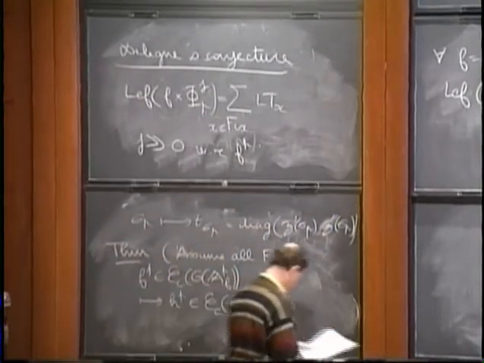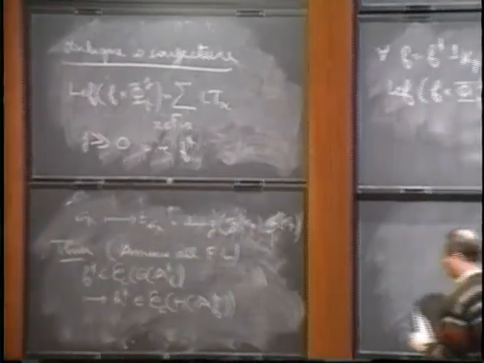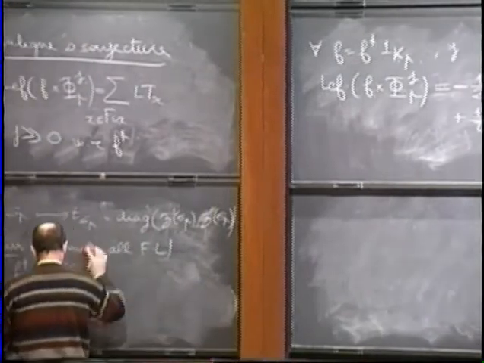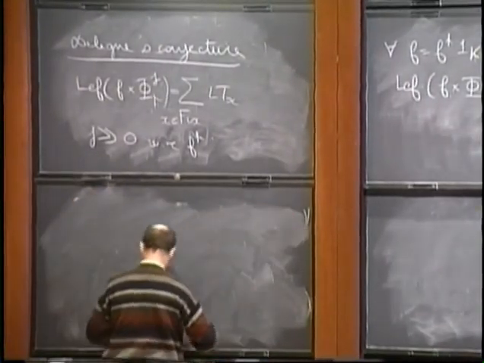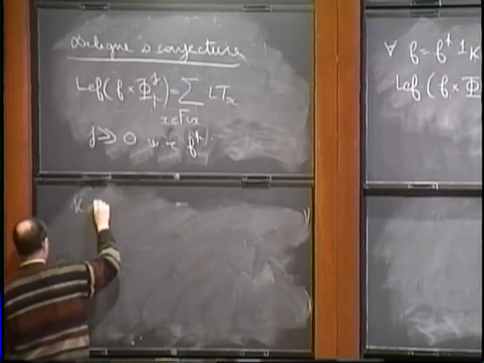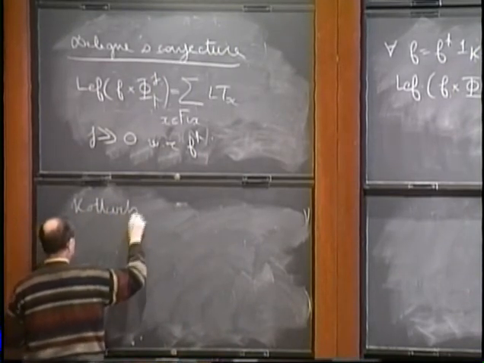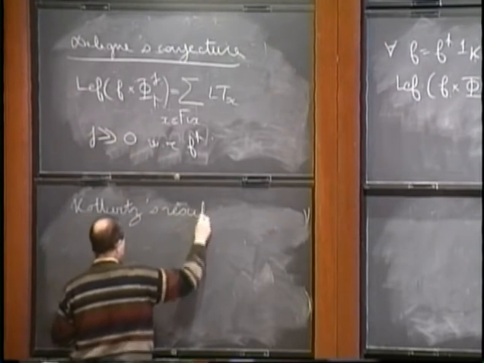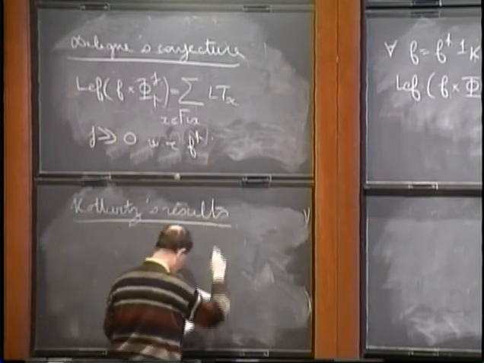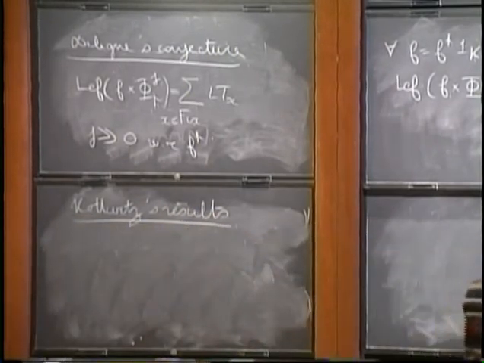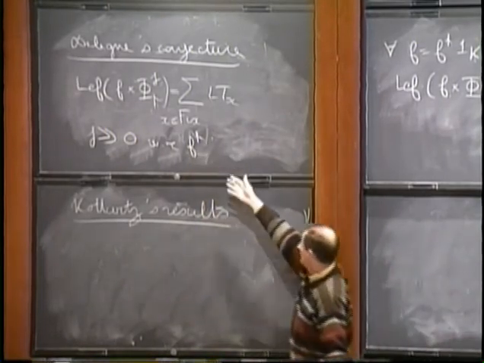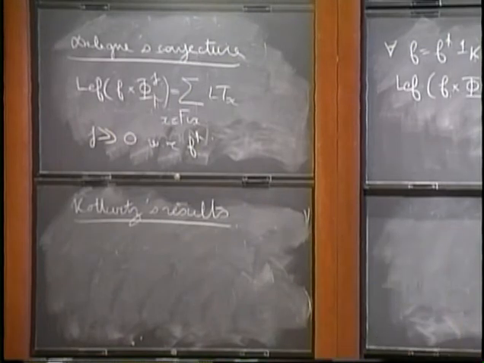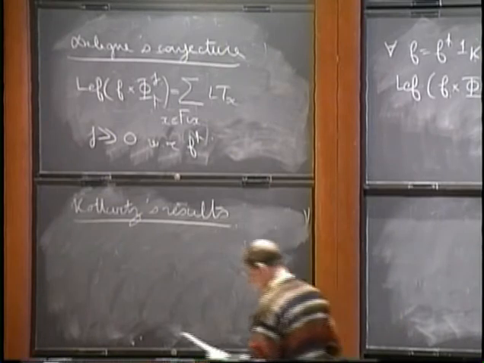So the second step is a result of Kottwitz, to give an adelic description of the fixed point set and of this expression, the sum of the naive term.